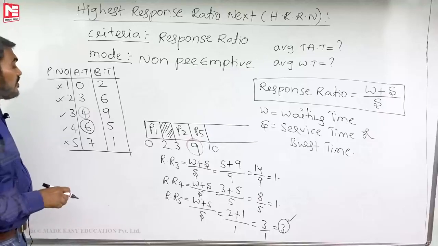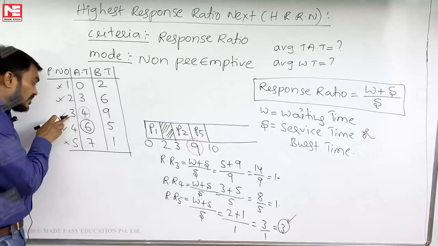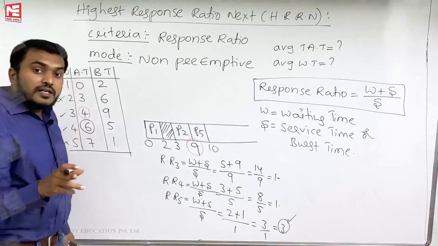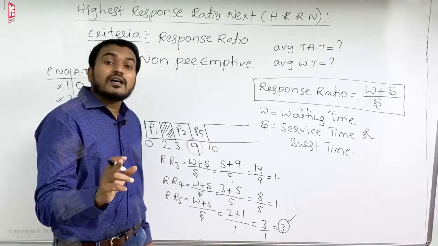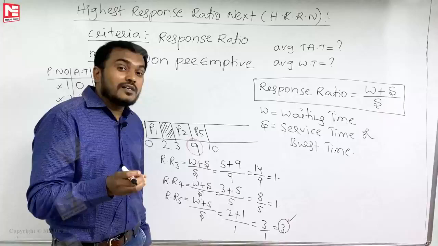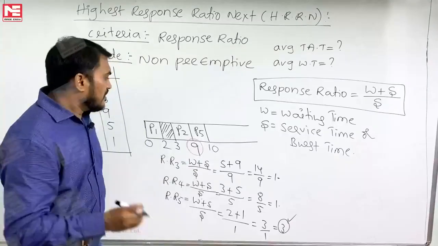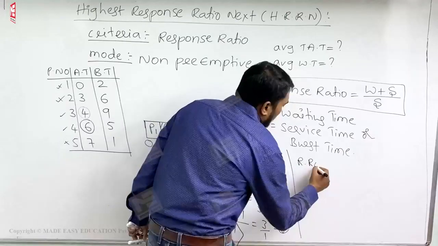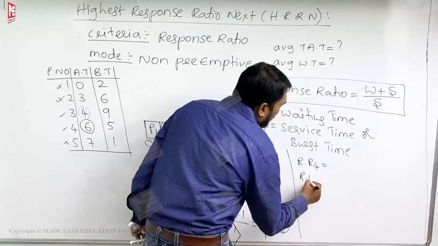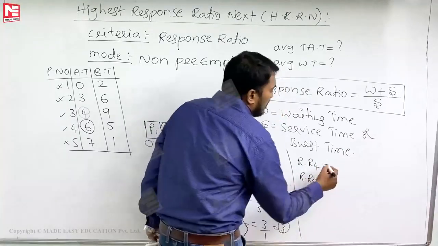Now which one do you take now? To decide between P3 and P4, again you need to calculate the response ratio according to the present time. Is that clear? So let's calculate the response ratio of process P3 and the response ratio of process P4 according to the present time.